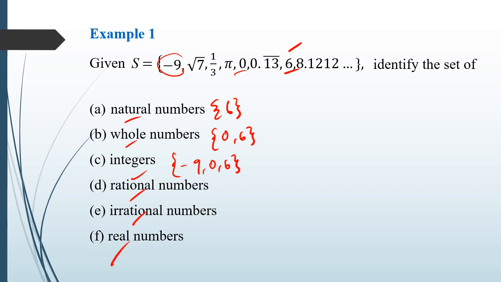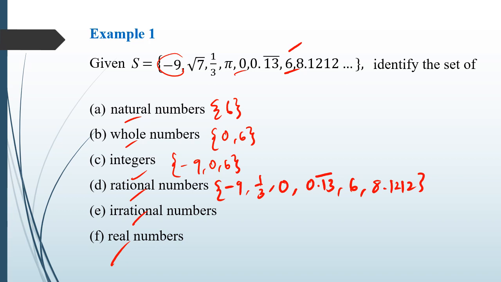Negative 9, and then square root of 7? No. 1/3 is in fraction form. Pi, not. And then 0, and 0.13 bar because it's repeating 13. And then 6. How about 8.1212? If we look here, it will be repeating because we have dots there. So it will be 8.1212.